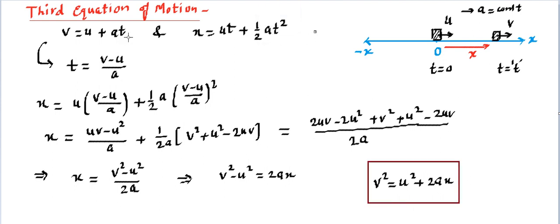It's basically a combination of the first two. So even though you don't remember this third equation, it will be okay. The main two equations that are doing the job are the first two equations. This will be used when there is no involvement of time. When displacement, initial velocity and acceleration are involved, we can find the final velocity.